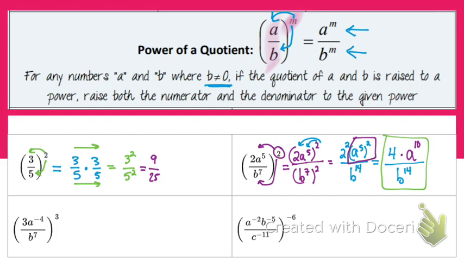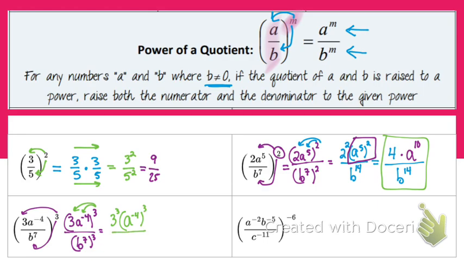Moving on, I need to apply the 3 to both the numerator and the denominator. And then in the numerator, I have a power of a product rule, so I'm going to apply the 3 to both the constant term and this variable term.